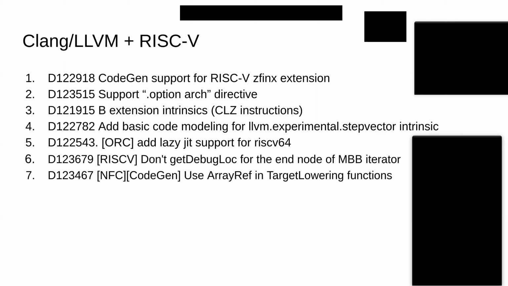If the block to insert the epilogue instruction is empty, or its instructions are all debug instructions, then the current source code may get a debug location for the end node of the MBB iterator. This will make the compiler crash, and this patch can fix this problem, so maybe the shrink wrapping function can be enabled by default.